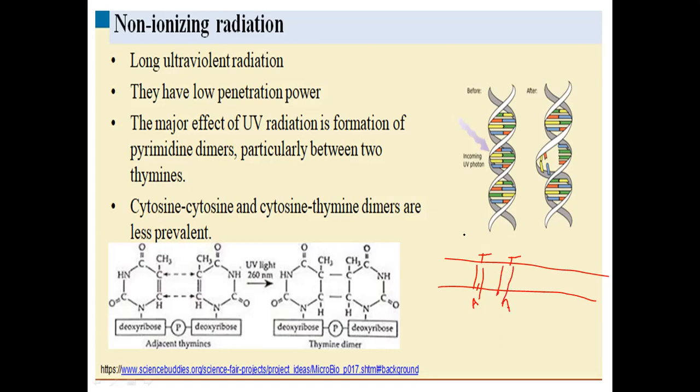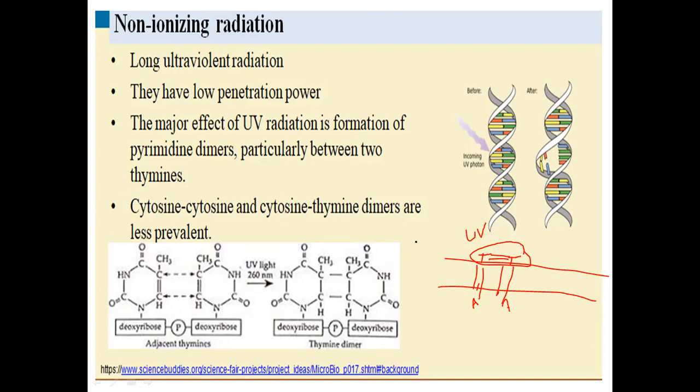But what happens is these UV rays, when they fall on the DNA, they induce dimerization of thymines that are present side by side. So how UV radiation induces mutation is through the formation of thymine dimers and sometimes cytosine dimers also.